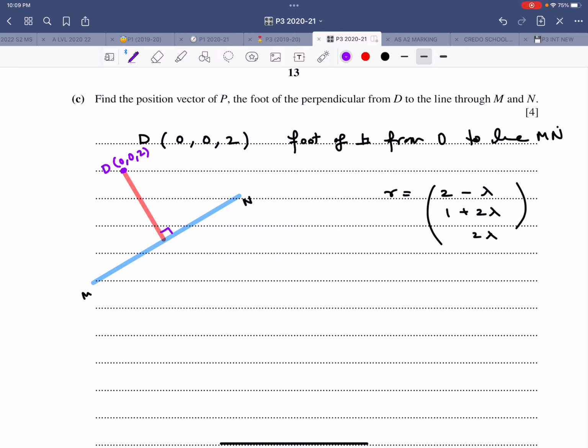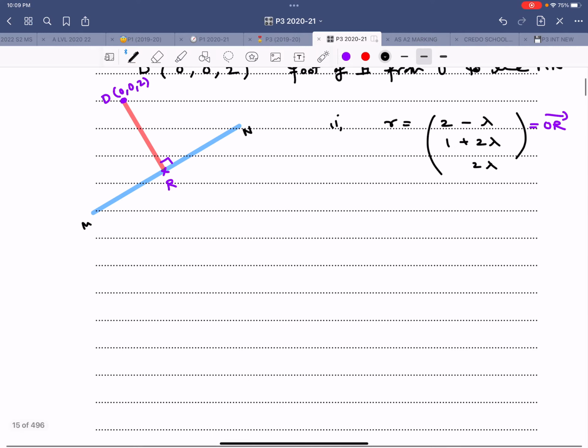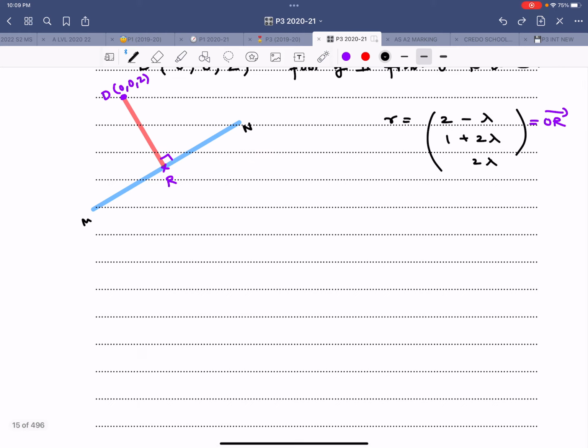This is the perpendicular. Let me label this point as R. So OR is the thing written at the top. This is OR. That's the first point to start with. Step 1. Step 2.